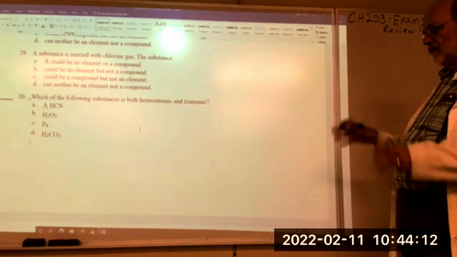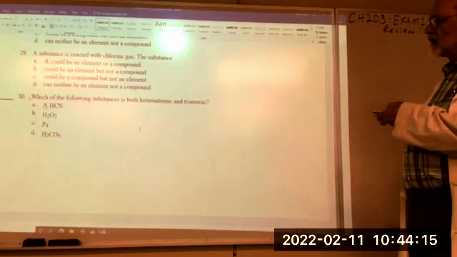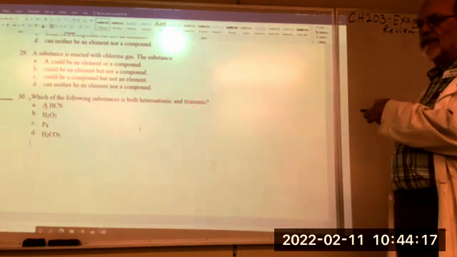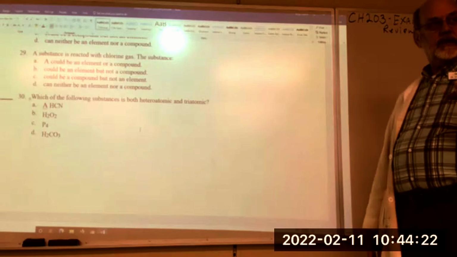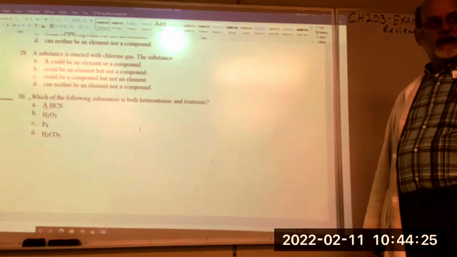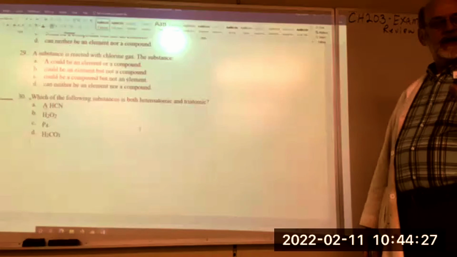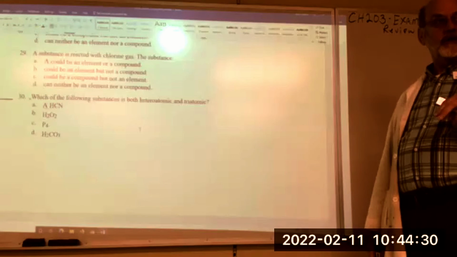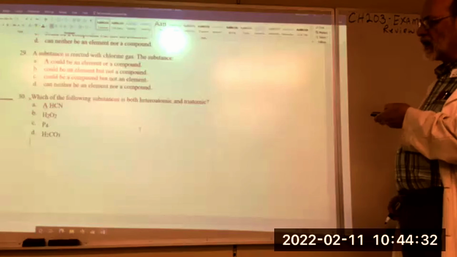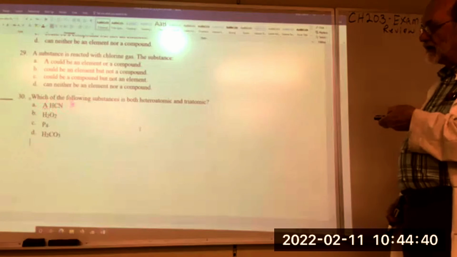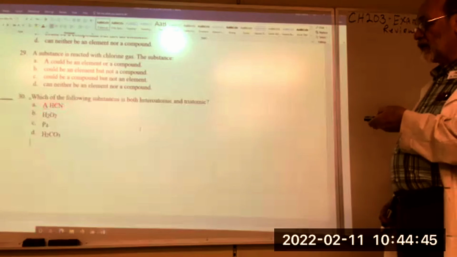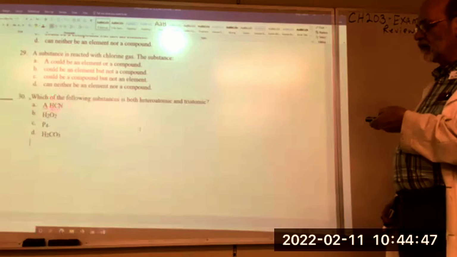Oh, okay, the last one. Which of the following substances is both heteroatomic and triatomic? Triatomic means there are just 3 atoms. O3 would be triatomic, but it's not heteroatomic. Heteroatomic means you need 2 elements or more. So triatomic and heteroatomic, this one would classify as that. 3 atoms and 3 different elements.